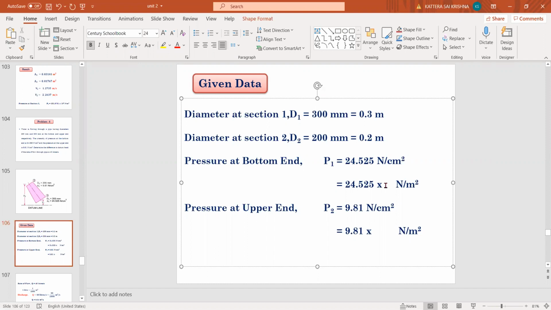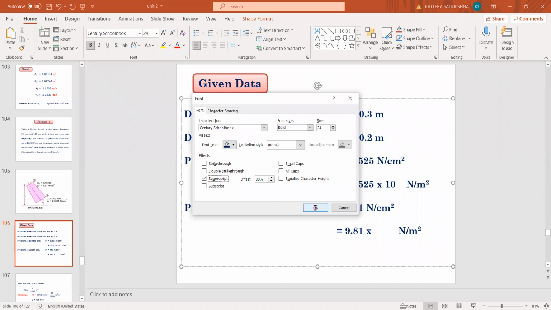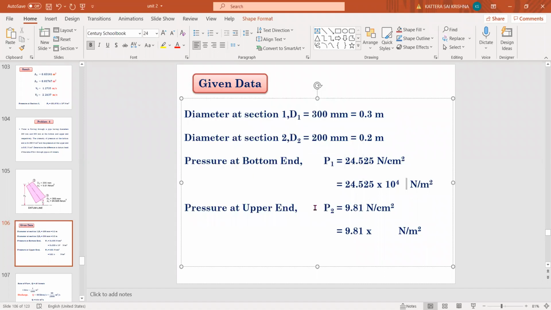Who will tell what we need to multiply here? 10 to the power of 4, sir. 10 power 4. So 10 power 4 Newton per meter square. Similarly, the pressure at the upper end is 9.81 into 10 power 4 Newton per meter square.